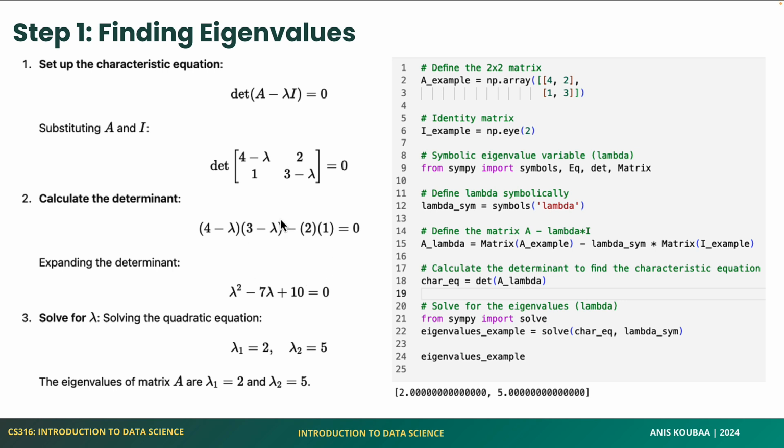Then, doing some rearrangement, we have a quadratic equation. This results in two values. This is why sometimes we might have imaginary numbers. If we don't have a solution in the real space, we're going to have it in the complex space. So these are the two eigenvalues. We found them. Now applying the same thing in Python, we're going to find the same values.